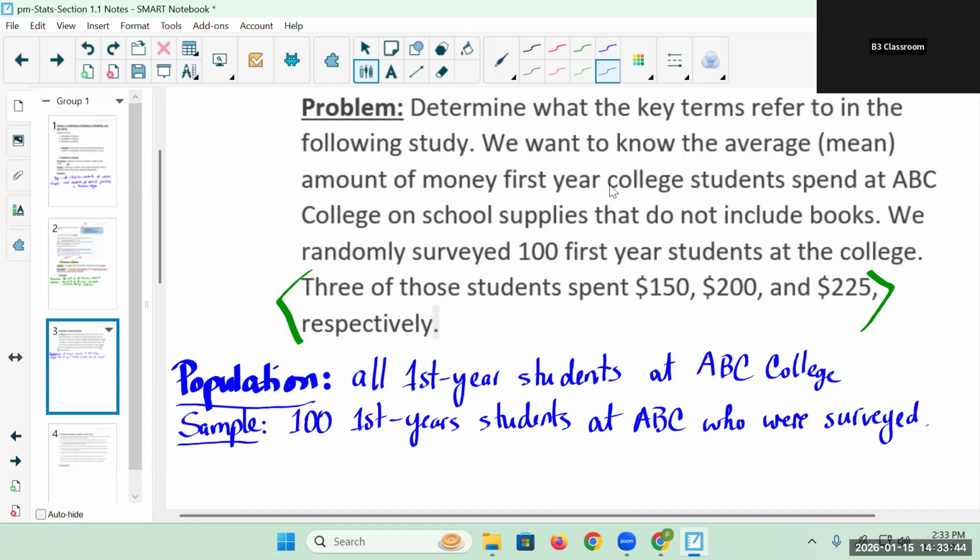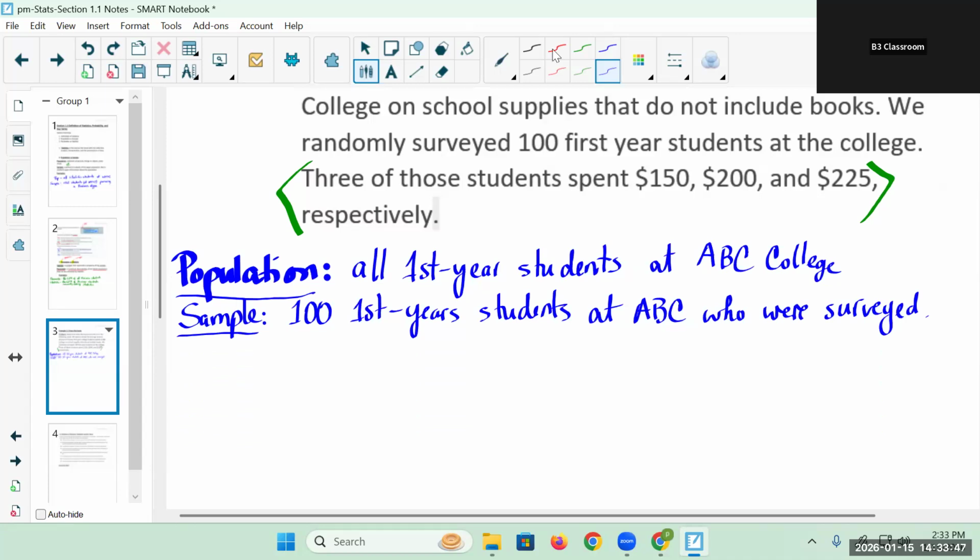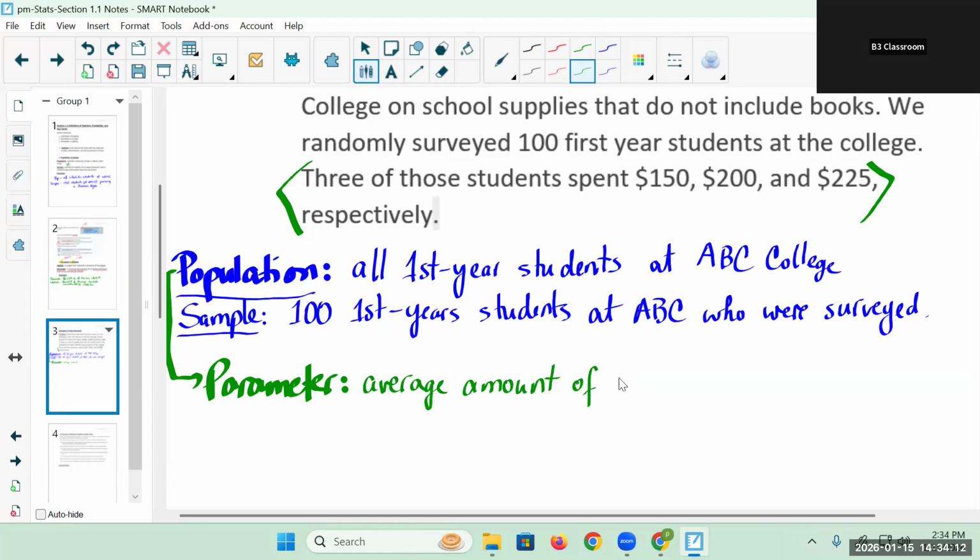So the parameter refers to the population. So the parameter will be the average amount, I can't spell again, hold on, the average amount of money.